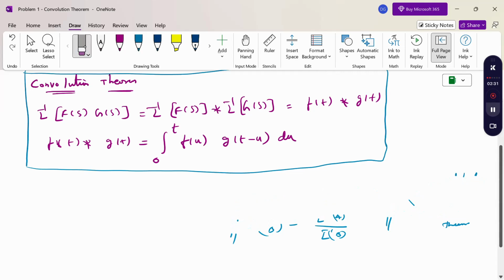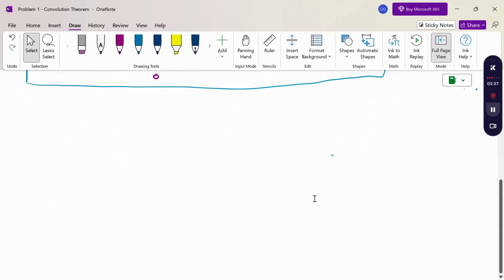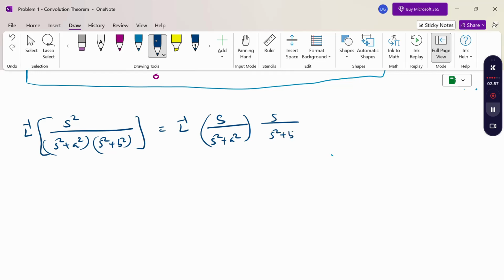Okay, now how to solve the given problem? The given problem is L inverse of s square by s square plus a square, s square plus b square. Now consider this as L inverse of s by s square plus a square, then s by s square plus b square.